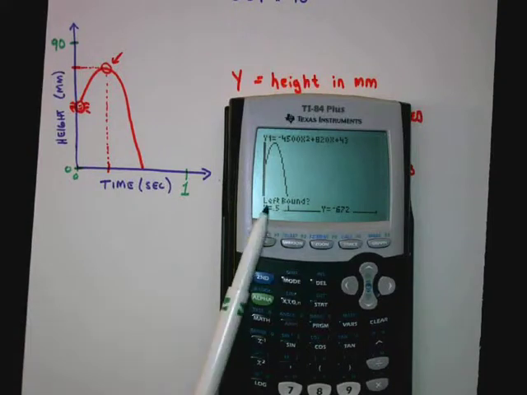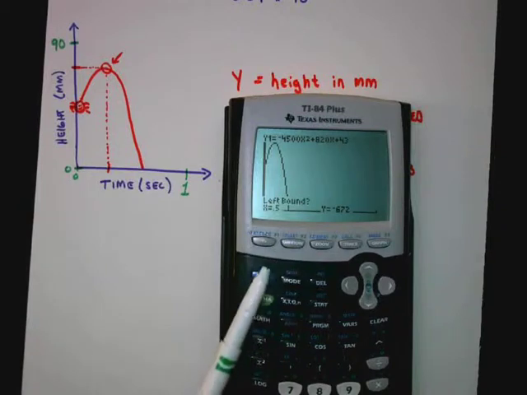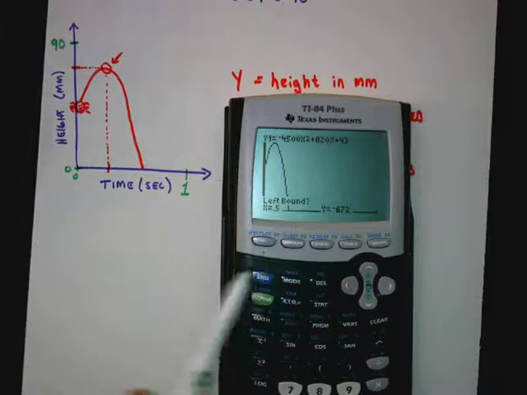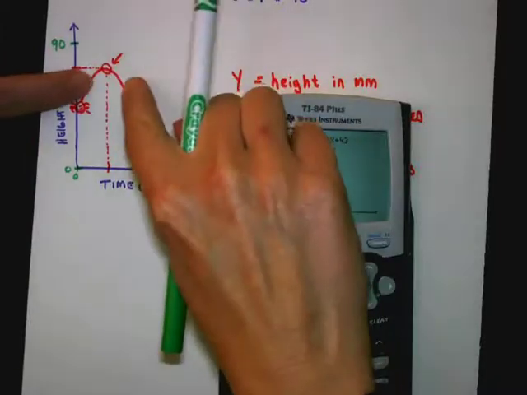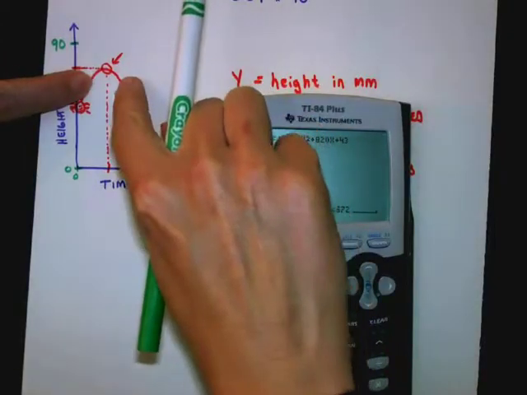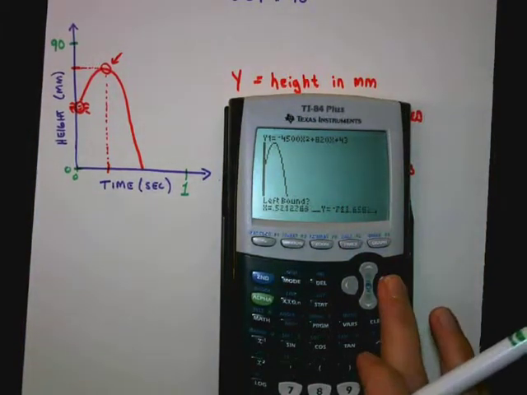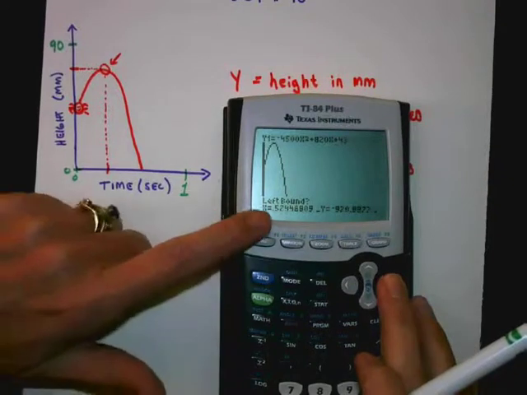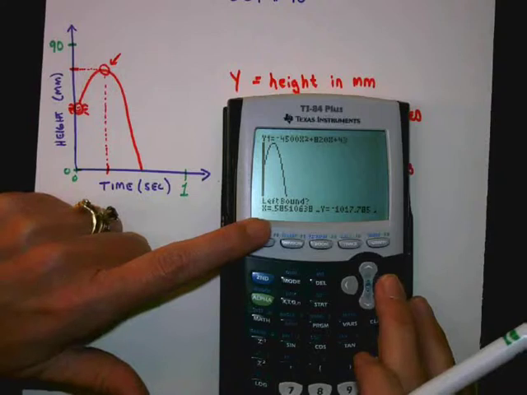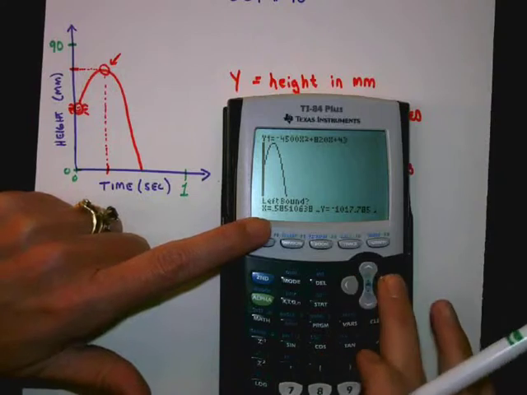The first thing the calculator says is left bound. We need to specify where we want the calculator to look for the maximum value. We want it to look between about here and here on our graph. So I need to specify that in the calculator. So I'm going to use the little arrows, and I can see the x and y coordinates here.